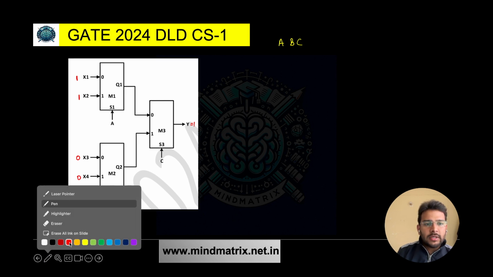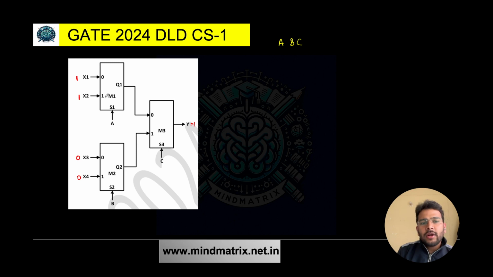Now carefully see here. If I try to write the equation for this first multiplexer, here A is the select line. So can I say A complement, X1 will be taken as the input, that is 1, or if it is A, then X2 will be taken as input, so that is also 1.